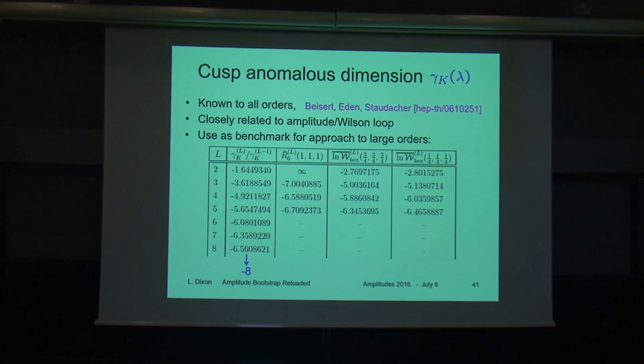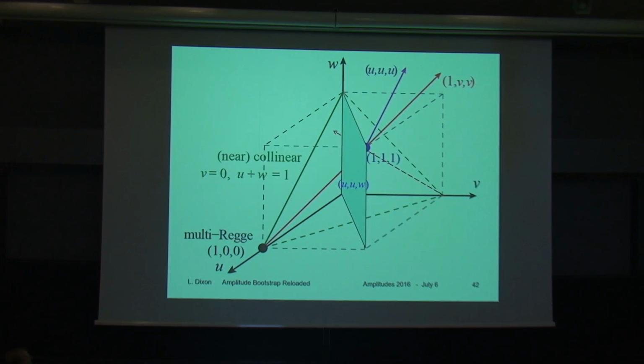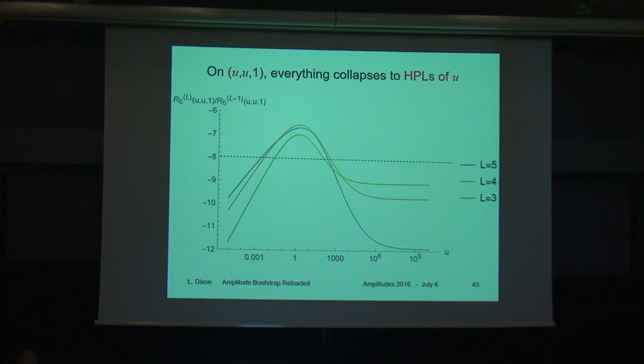It takes a while to recover from that. Amit suggested we plot a framed Wilson loop at some different points, and there things sort of go uniformly. We can also look at a couple of lines and surfaces, so I'll show you some results on this line here, and then on this surface, and then we'll wrap up. On this line here, everything collapses to these harmonic polylogs of u.